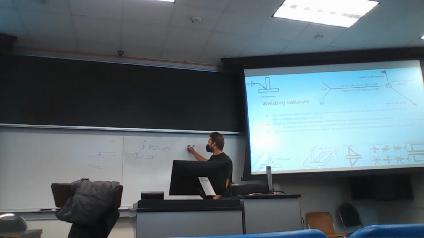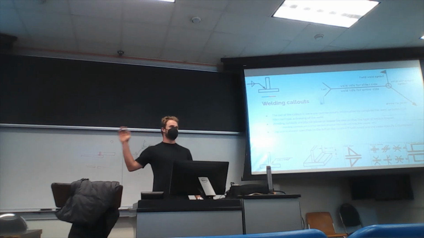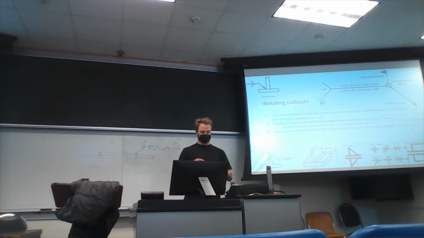So let's say you want a fillet weld. That'll work. But you don't want the fillet weld to look like a regular fillet weld. You want it to be a fillet weld that's rounded on the edge. You can call that out at the edge of the weld. And you can do that with just a picture. That make sense?